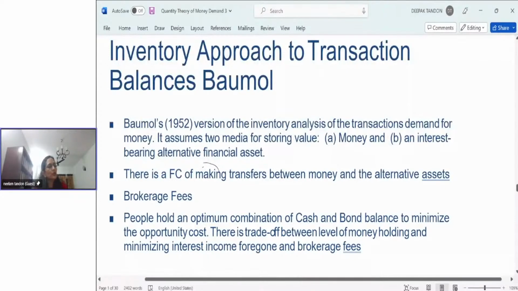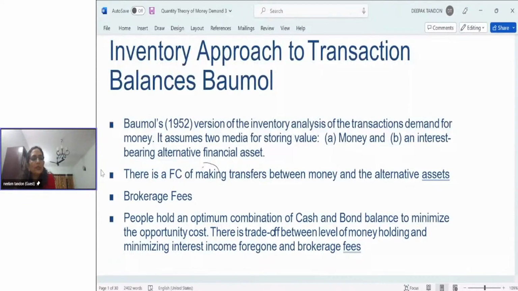When you switch over from money to any kind of investment option, you incur a certain cost. That cost is fixed when you transact from one to the other. So there is a fixed cost of making transfers between money and the alternative, which is brokerage fees.